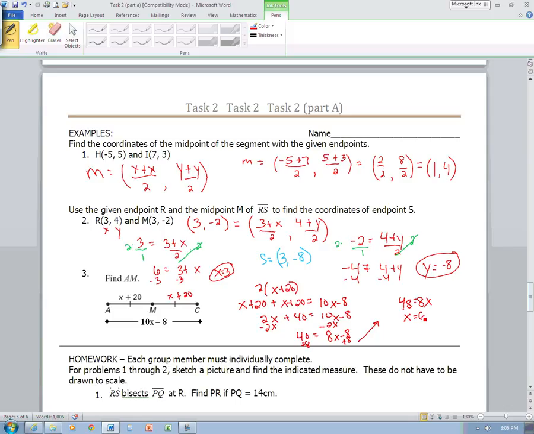So once x is 6, then I still need to find my final answer. So for my final answer, I'm going to plug 6 back in to AM. So I know that AM would equal x plus 20. So I would take the 6, 6 plus 20. My final answer, AM, is 26. There we go.